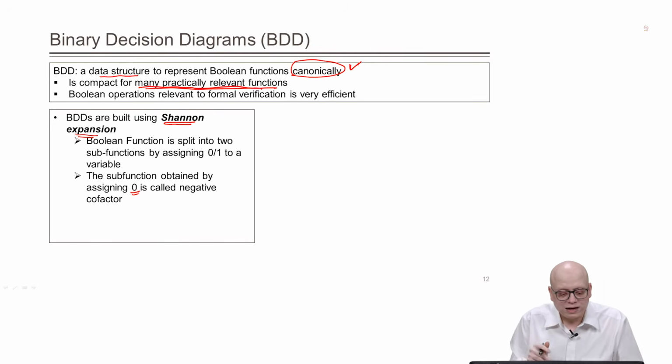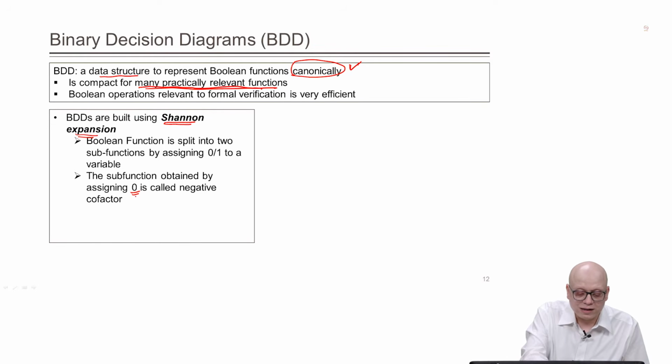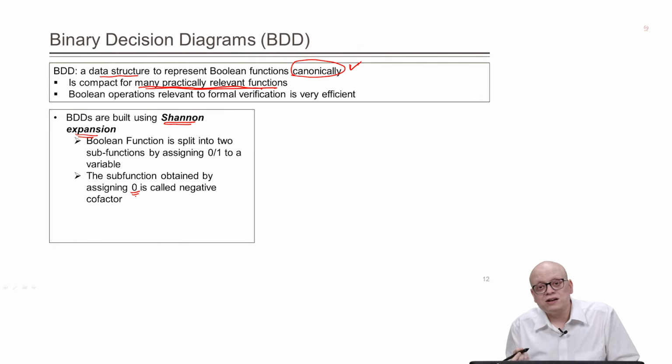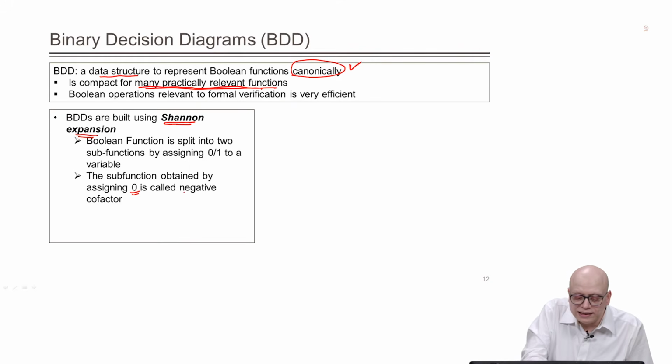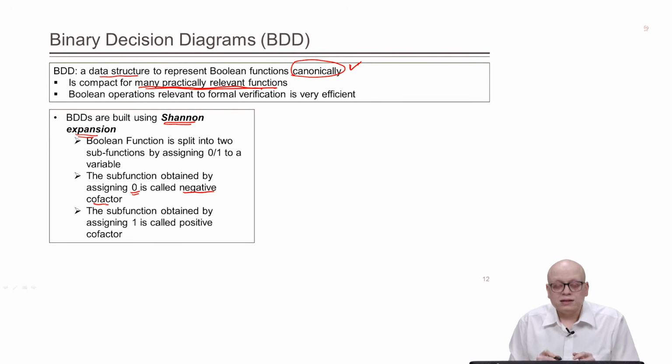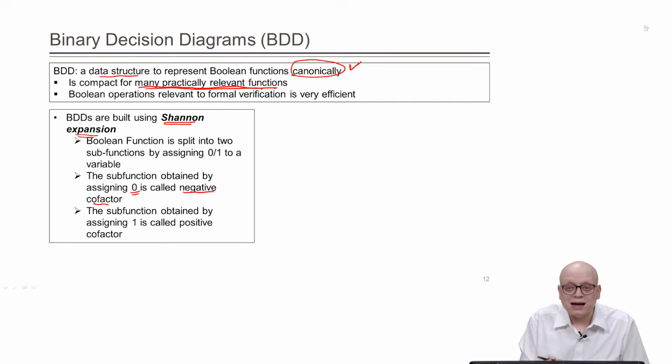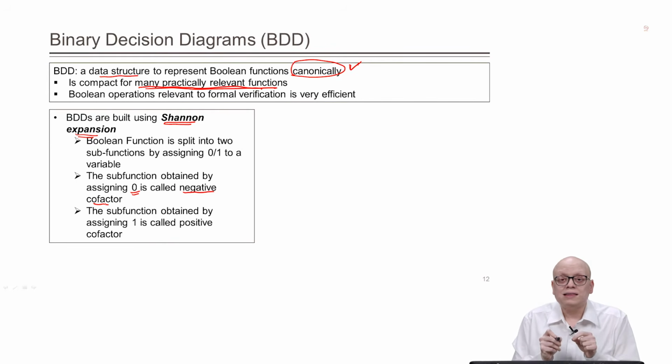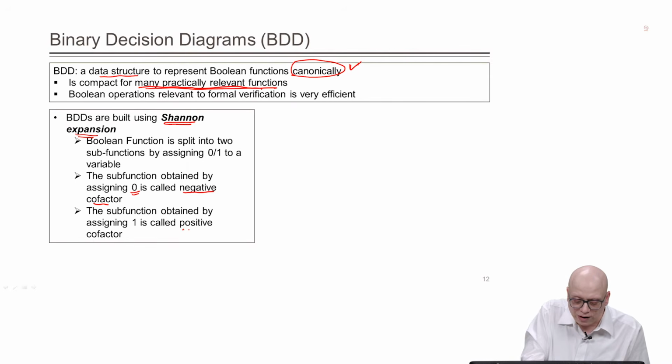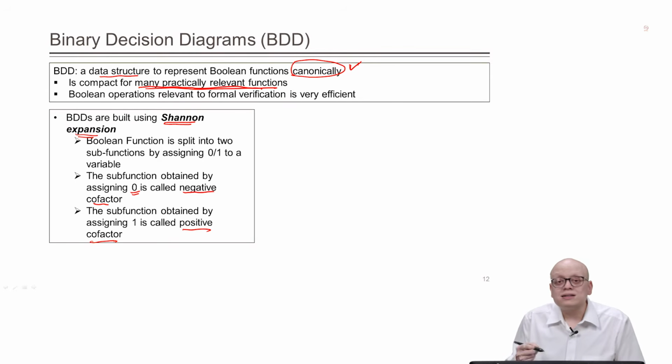The subfunction we get by assigning 0 to the variable is known as the negative cofactor, and the subfunction obtained by assigning 1 to the variable is known as the positive cofactor. Now, let us look at how we can decompose a given Boolean function into negative cofactor and positive cofactor.